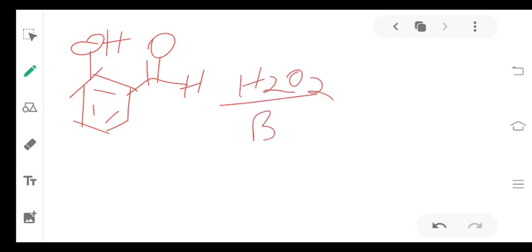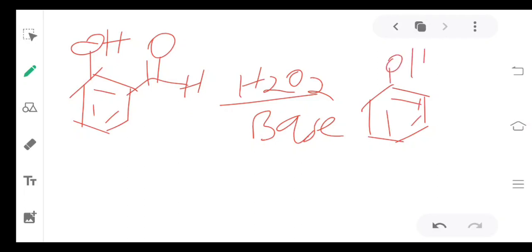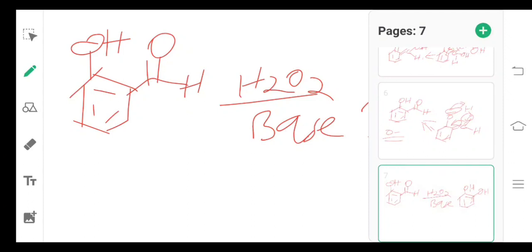We will get 1,2-diol benzene. Let's discuss the mechanism of this reaction also.